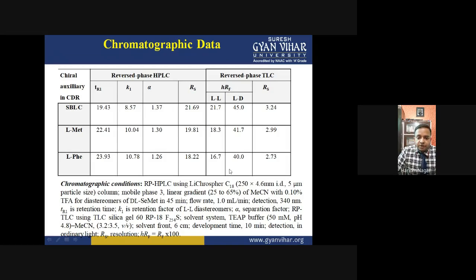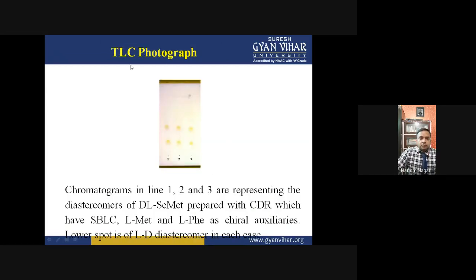So this is the HRF value, and this is the resolution value. If we compare the results of TLC and HPLC, with TLC the resolution values are very much less than the reverse phase HPLC. This is the TLC photograph of the first line, second line, and third line.